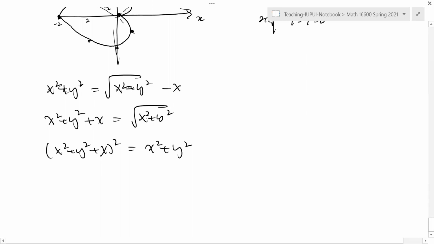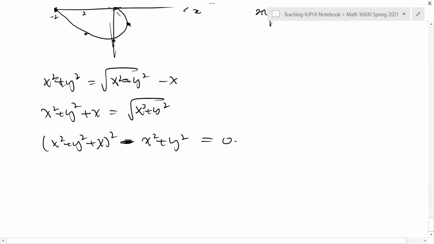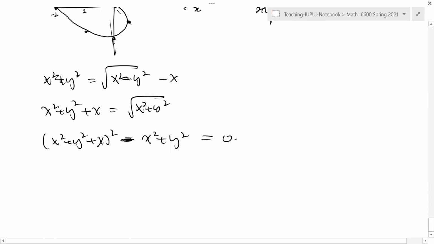It's getting more and more complicated. This is a polynomial of degree 4. You can move everything over, and it's going to be 0. This is a polynomial in x and y of degree 4, and it's much harder to describe.